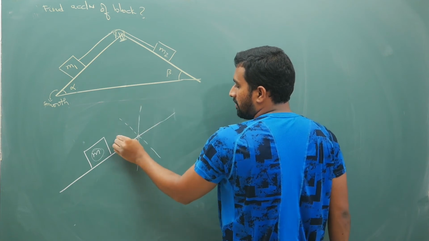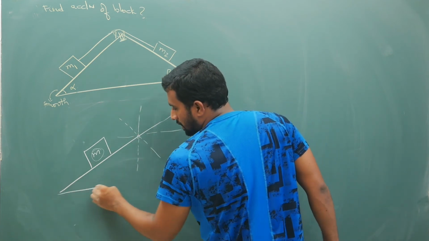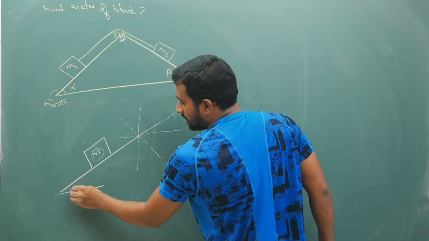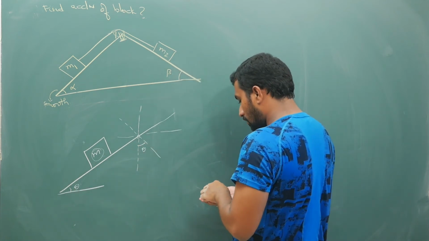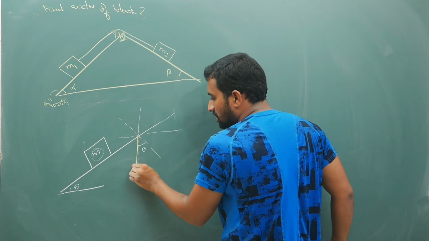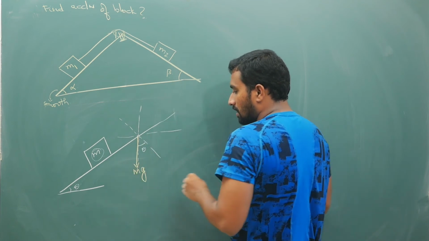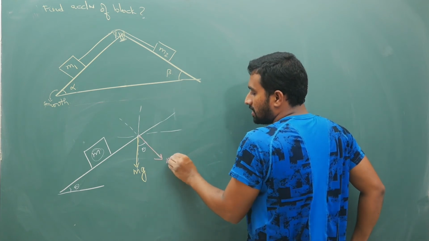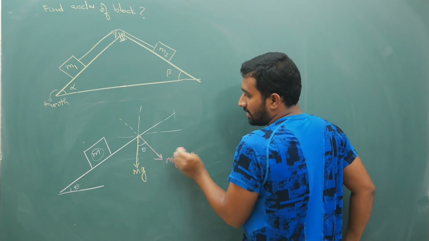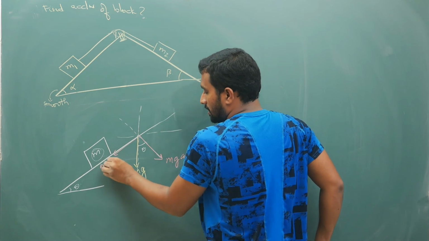If this angle is theta, this angle will be theta. Now this gravitational force mg can be resolved into two parts: one is mg cos theta and the other is mg sin theta.